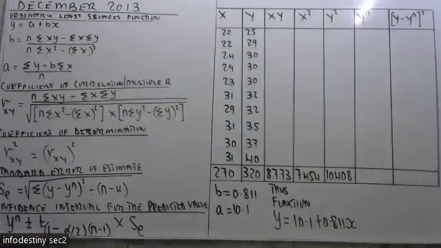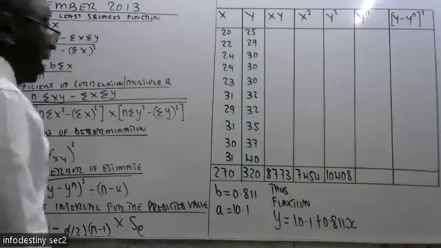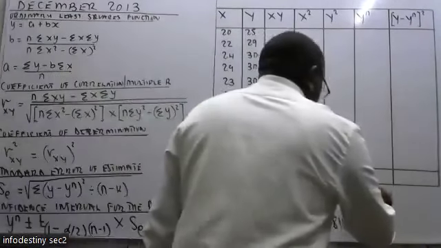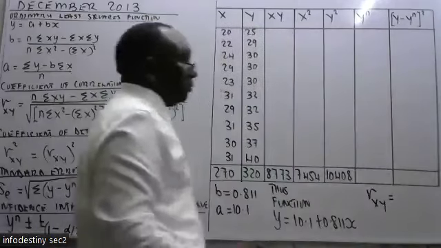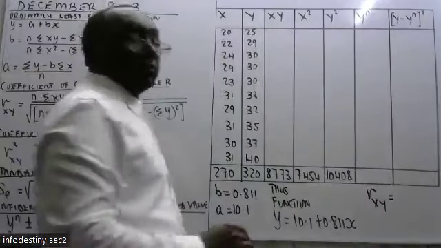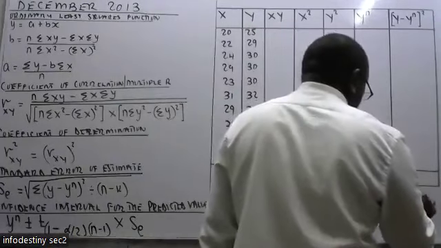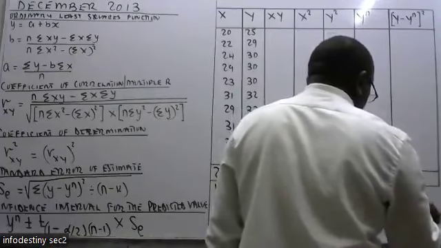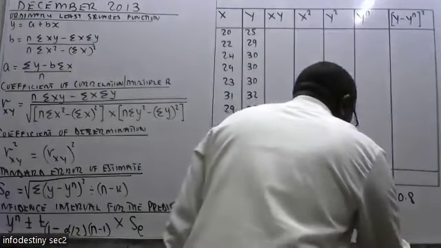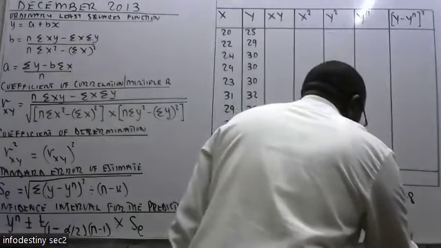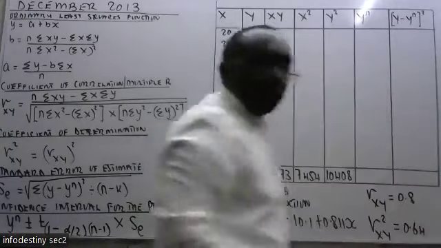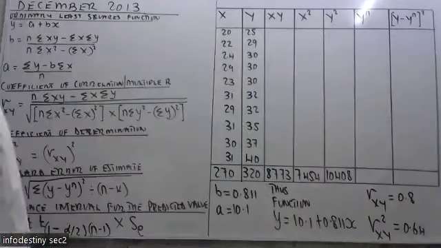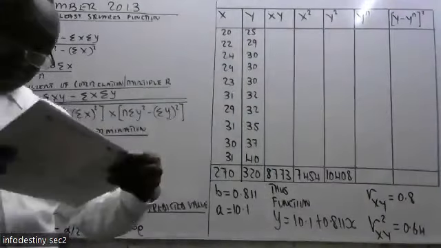Then correlation coefficients are between x and y. 0.80. Then the R square is 0.64. Are we told to interpret? Oh, yeah.